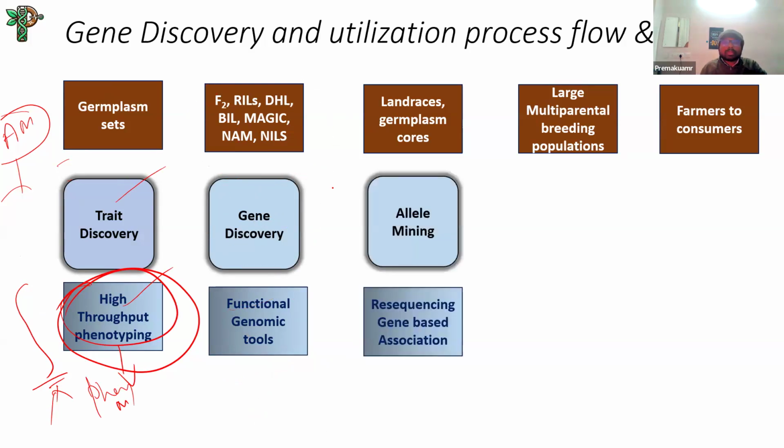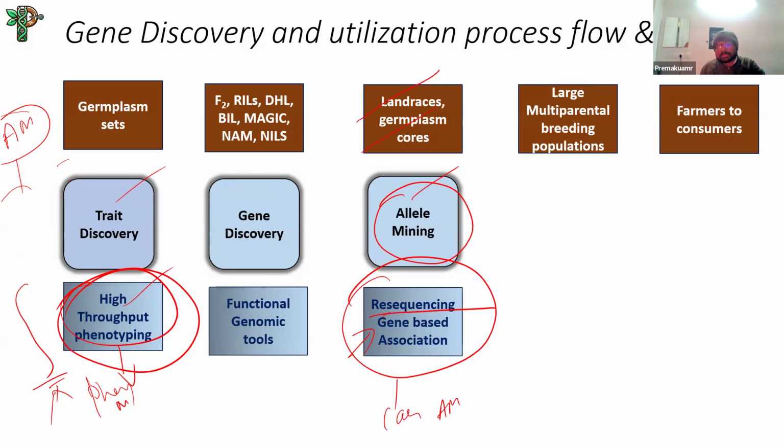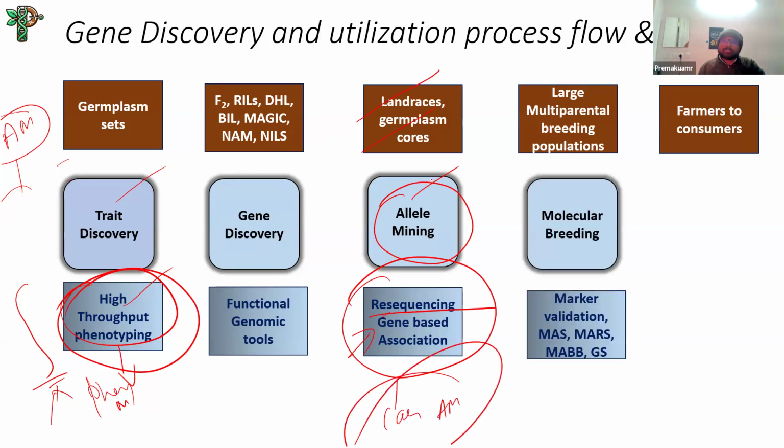Then you can go for allele mining. You can screen a large number of landraces or core sets. To do allele mining, we have to sequence the entire genome, then go for gene-based association, like candidate gene association mapping, as I told. Finally, we can do molecular breeding after having the favorable alleles and favorable genes, since we know the accurate trait.